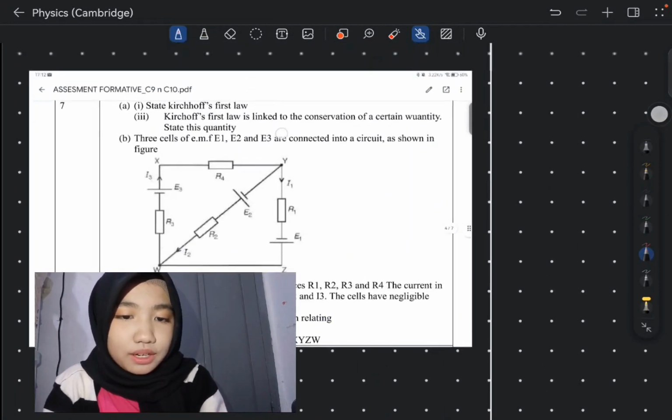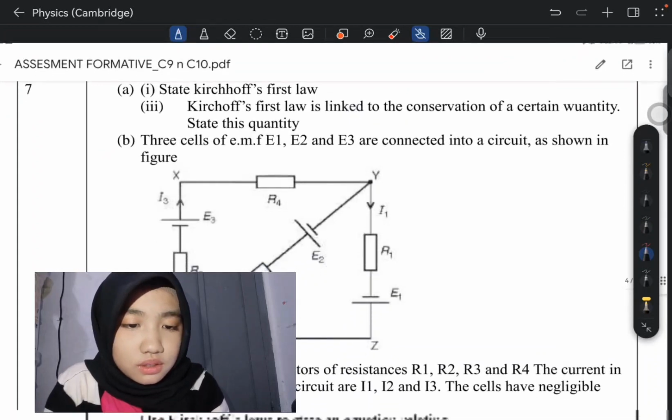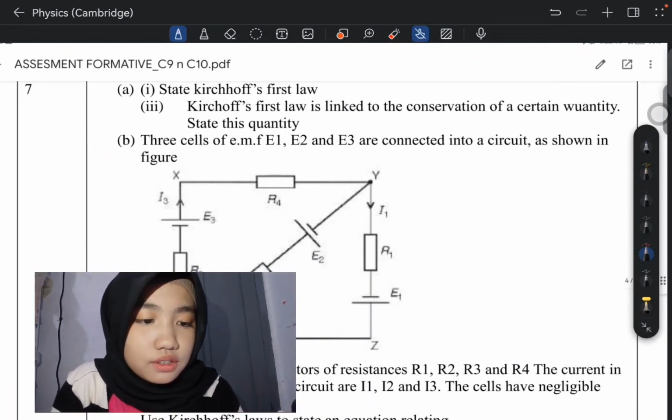Starting at number 1, from number 7, is state Kirchhoff's first law.